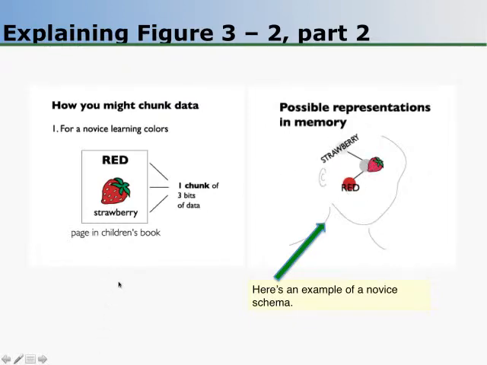And if they were looking at or trying to learn color, you might, as an instructional designer, chunk the data to sort of go along with what you think their schema consists of. So here, if you're creating a page in a children's book, you have one chunk, which is the page, and within that chunk you have 3 bits of data.